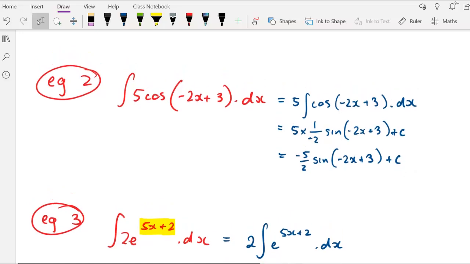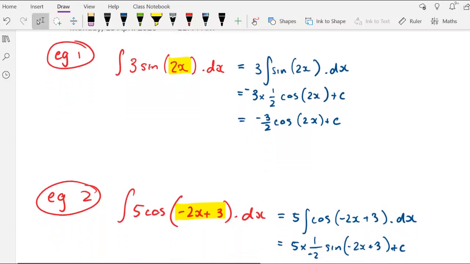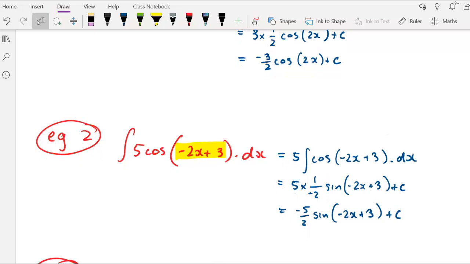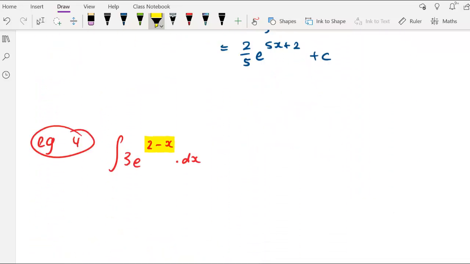Now, in the other questions, you could be highlighting the internal function. It may help you with your process because remember, we're just dividing by the derivative of that internal function as long as it is a linear function. Okay, in this case, we've got 2 take x, which we could rewrite as negative x plus 2 if that helps.